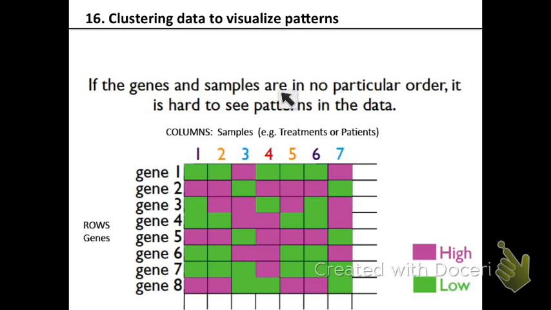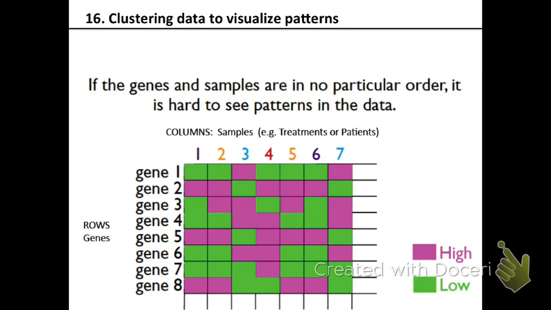If these genes and the samples are in no particular order, you're not going to be able to see the patterns in the data because you're going to have values and colors all over the place. In this example, instead of having a range of values like a heat map, we said, if the differential expression ratio is high, let's color this gene purple, and if it's low, let's color it green.